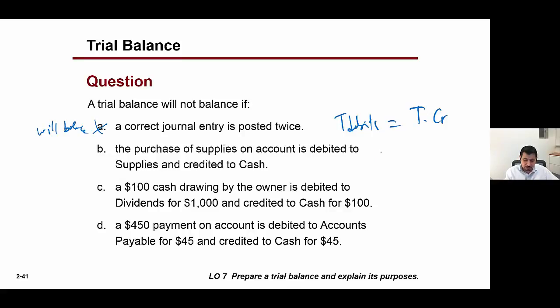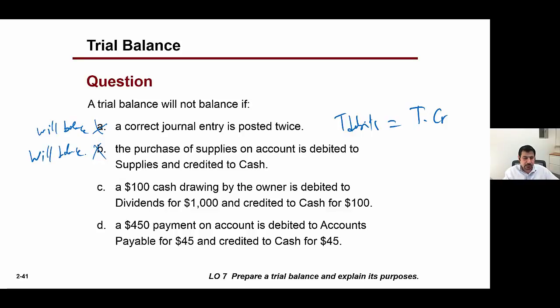Originally, it's supposed to be debited to supplies but credited to accounts payable. However, in this case, it was credited to cash. But the total debits will be equal to total credits. So the account name will change, but the sum of all the credits and all the debits will be equal. So this one also will balance.